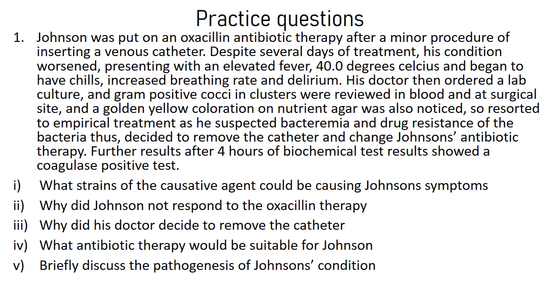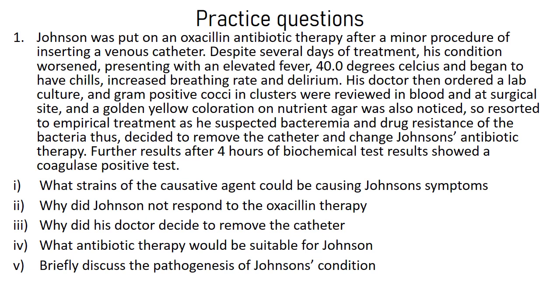His doctor then ordered a lab culture, and gram-positive cocci in clusters were revealed in blood and at the surgical site, and a golden yellow coloration on nutrient agar was also noticed, so he resorted to empirical treatment as he suspected bacteremia and drug resistance of the bacteria, thus decided to remove the catheter and change Johnson's antibiotic therapy. Further results after 4 hours of biochemical tests showed a coagulase positive test. What strains of the causative agent could be causing Johnson's symptoms?